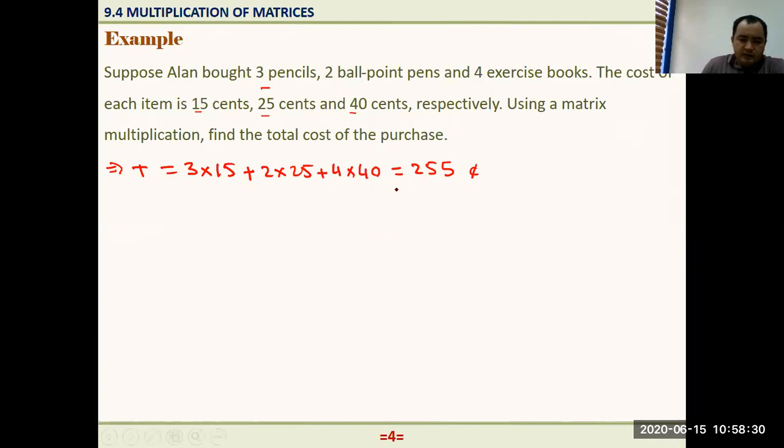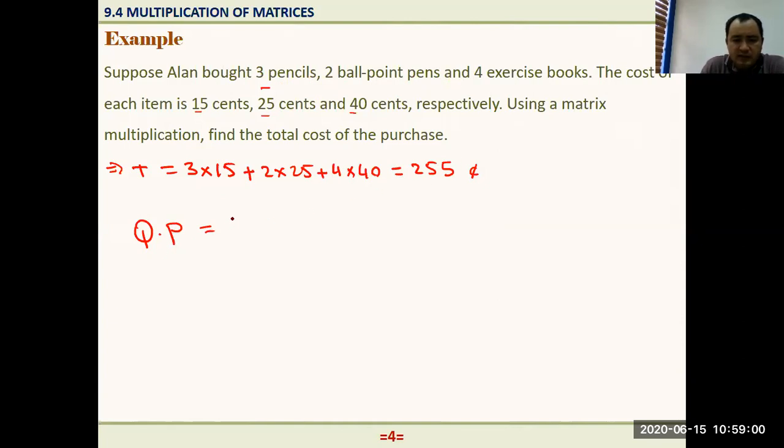Now, how do you do this using matrix multiplication? As you see here, the first one I multiply by the first one, the second by the second, the third by the third. So let me write this in matrix form. Let's say the multiplication of two matrices gives us this.